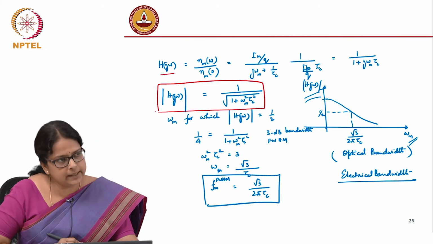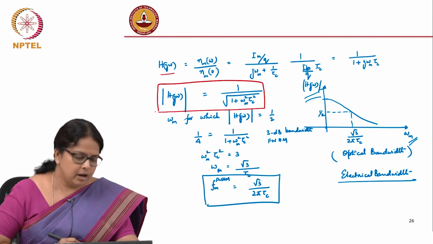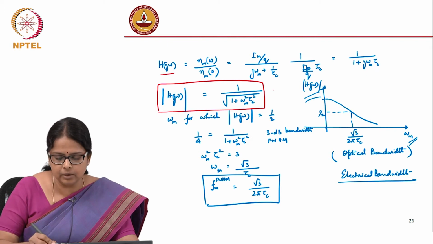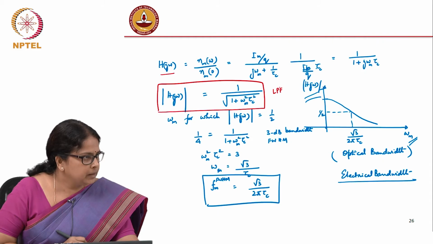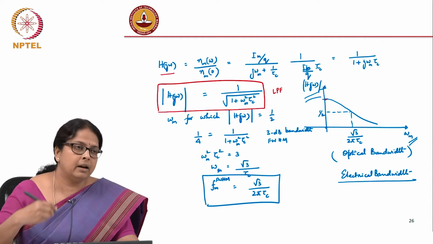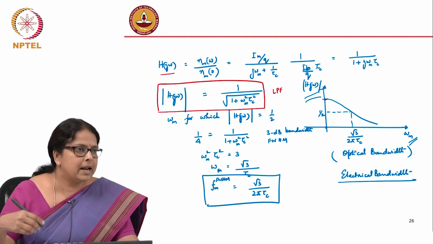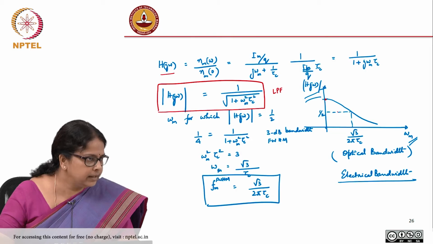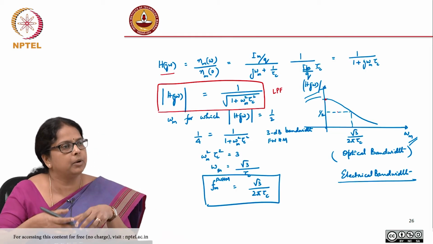So that's the frequency at which the transfer function drops to half, full width at half maximum. Of course, we recognize that the transfer function is similar to that of a low pass filter. So you can have modulation at low frequencies, but as your frequency starts going higher, fundamentally, physically, the carrier is not able to respond to that frequency.